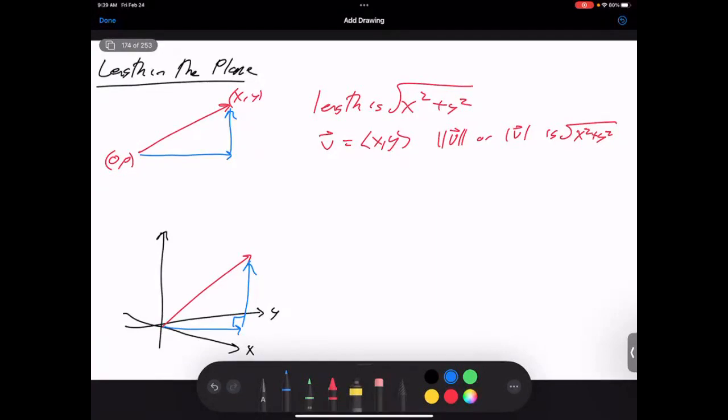And then I can represent the length. So if I call this vector V, I'll call this vector VZ because it's just in the Z direction. And I can call this VXY because it's in the XY plane.